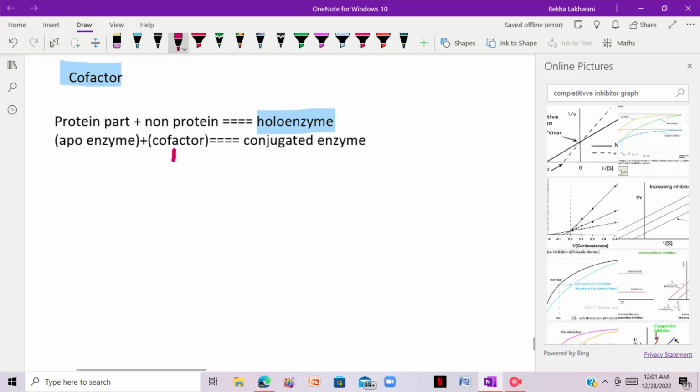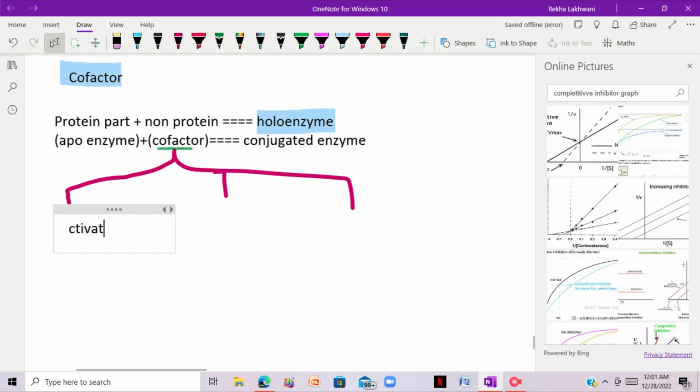Number one is the activators. These activators are metallic ions, or you can say these are salts basically.